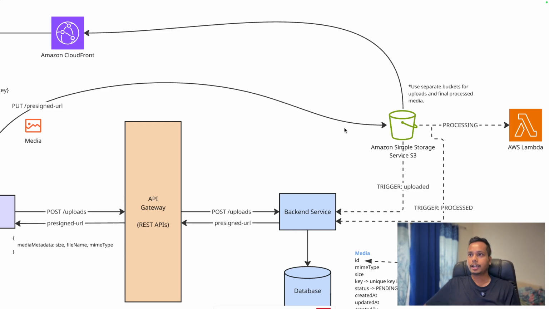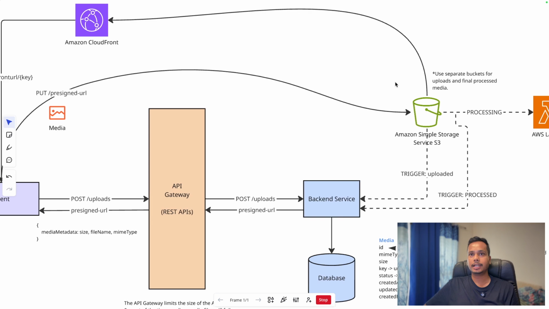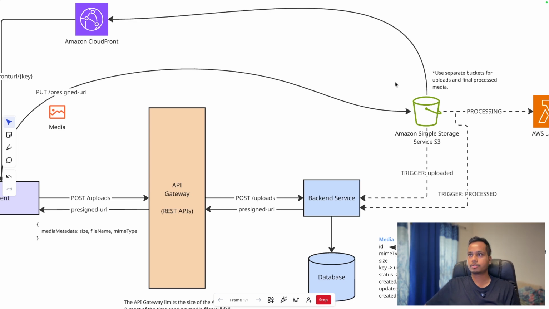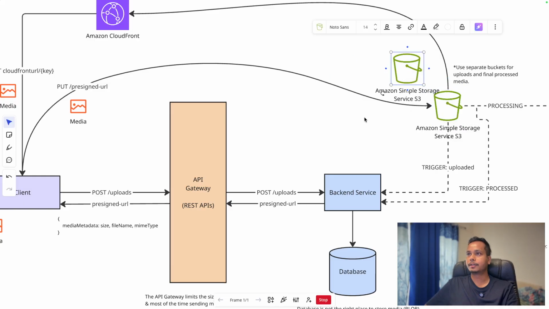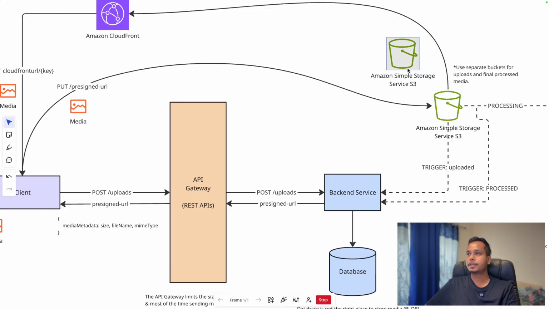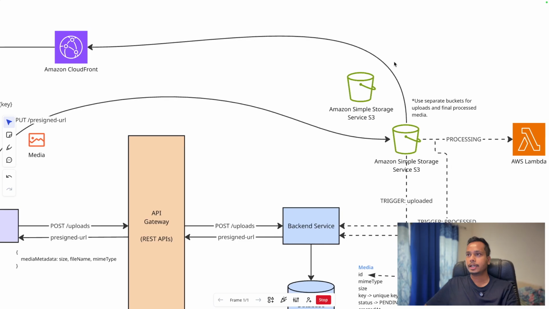So in that case, we can have a temporary bucket where we allow uploads directly from the user. When the user uploads any media file for the first time, it will go to that temporary storage. Let's say we have another bucket which is a temporary bucket. The files will be uploaded there first, and once it is processed completely, we will move that particular file from the temporary bucket to this permanent bucket.